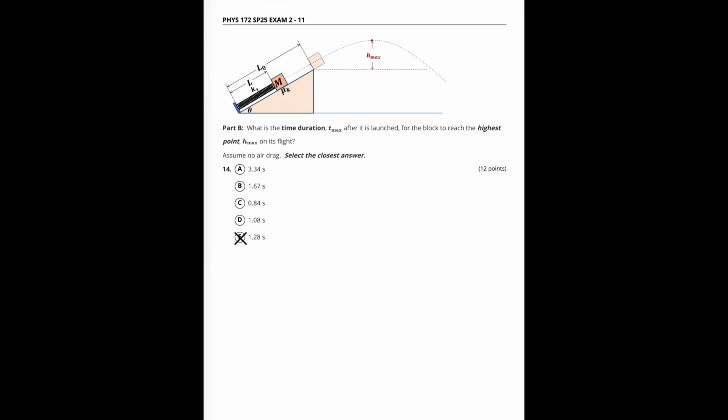Assume no air drag. So let's draw a quick free body diagram of where we originally were and where we now are at. In this free body diagram, from our center of mass, we have gravity acting downward, we'll call that mg. We have normal force acting perpendicular to the ramp, we'll call it Fn.